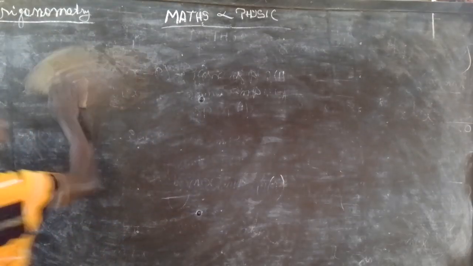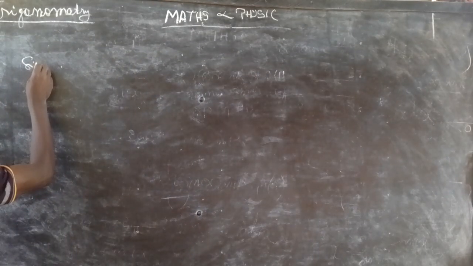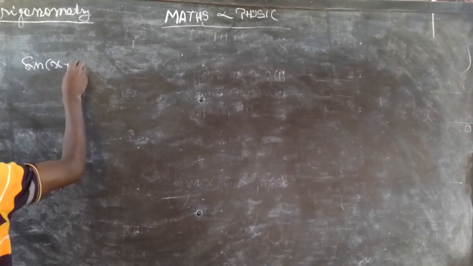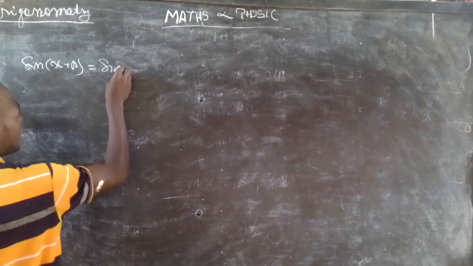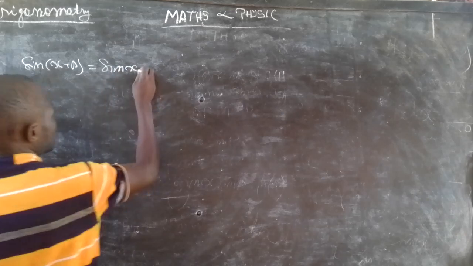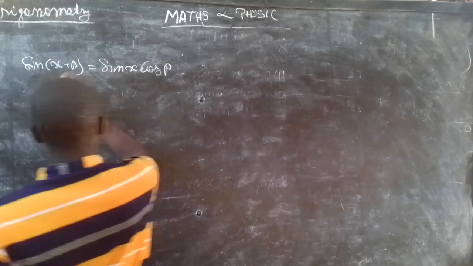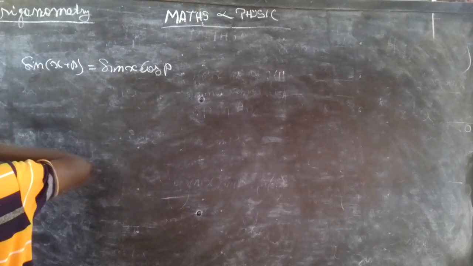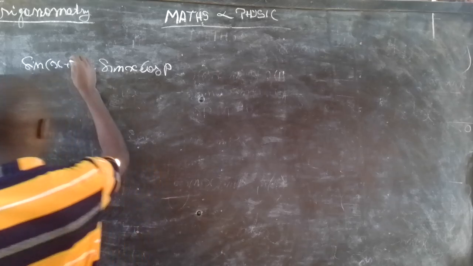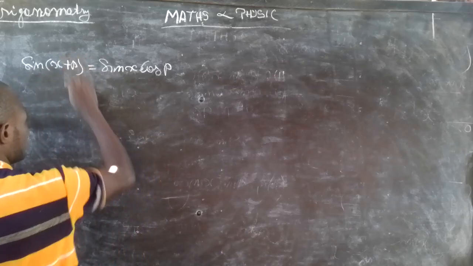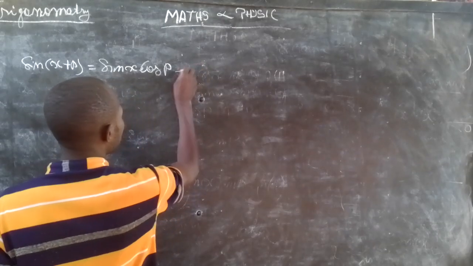Let's move to the sine. Here we have sine of x plus p, which will be equal to sine x cosine p positive cosine x sine p. The sign between them will remain, it will not change.